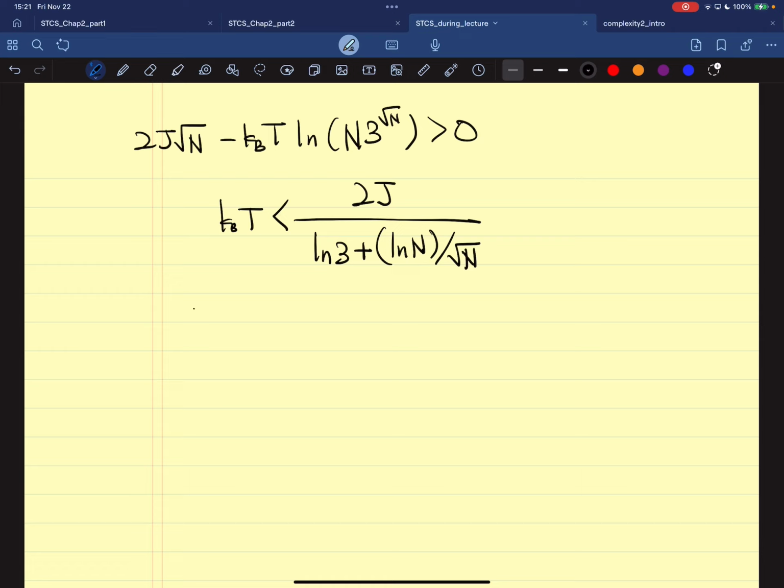And in the thermodynamic limit, n goes to infinity, then of course this is a pretty simple argument that, as I always emphasize, polynomial is always stronger than log, and exponential is always stronger than polynomial. So it should be 0. So in this case, the condition becomes KBT should be smaller than this one.